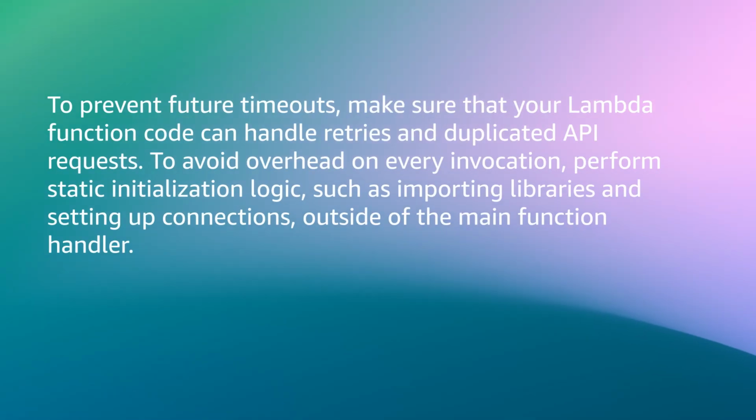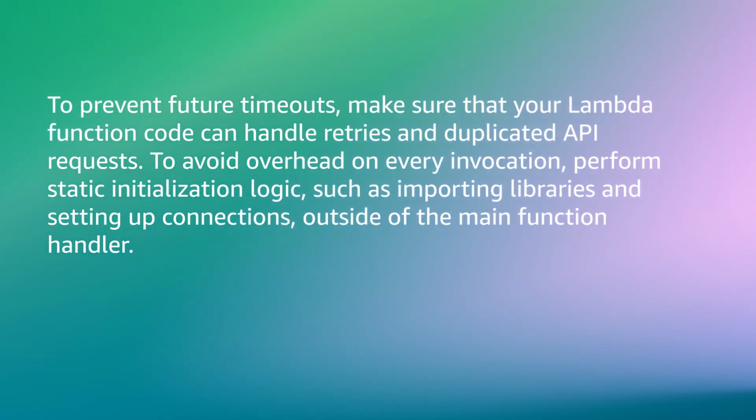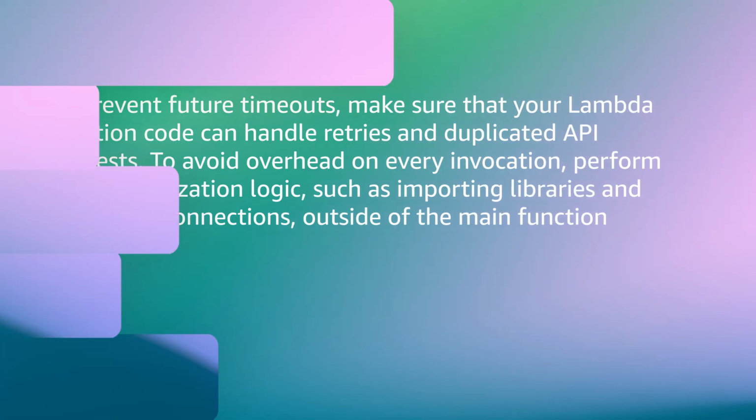To prevent future timeouts, make sure that your Lambda function code can gracefully handle retries and duplicated requests. To avoid overhead on every invocation, perform static initialization logic such as importing libraries and setting up connections outside of the main function handler.